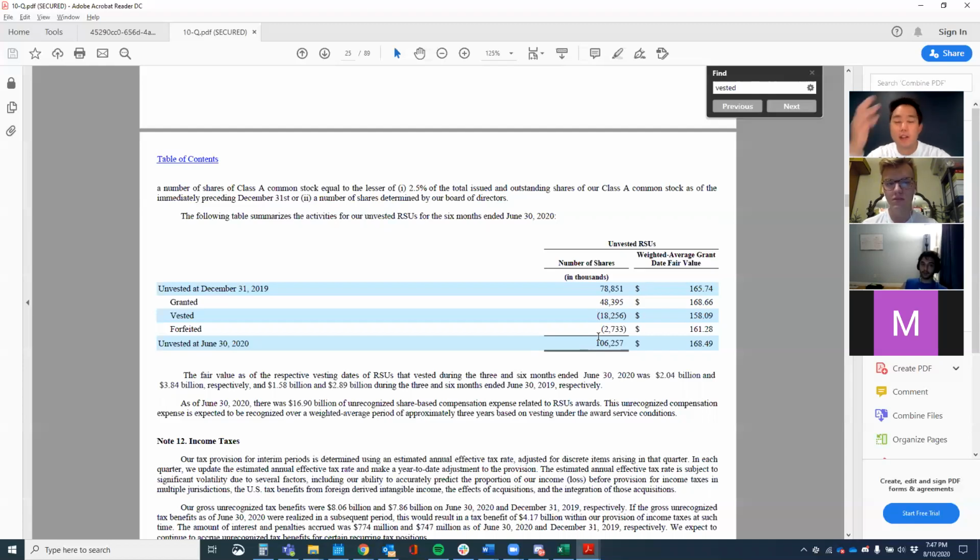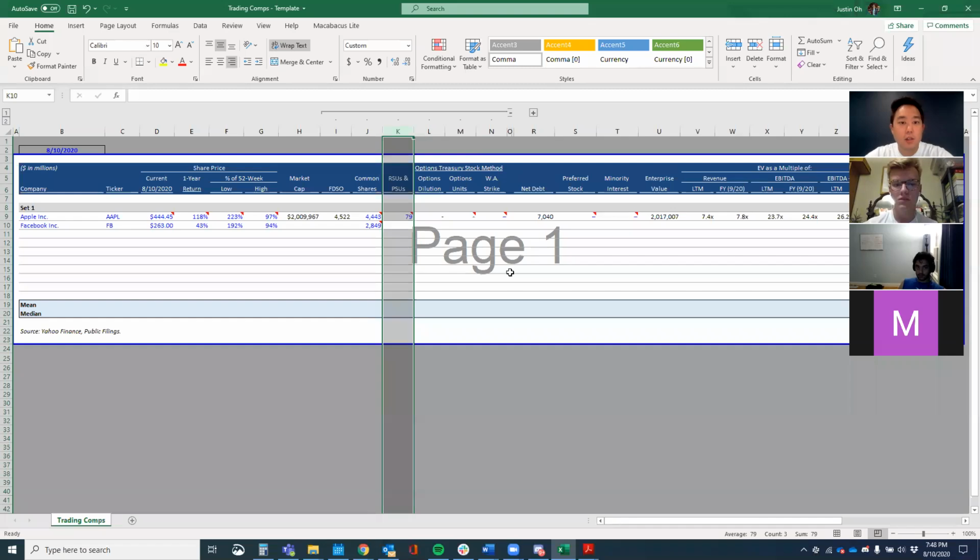So there's no such thing as a vested but unexercised RSU, because once your vesting date comes, they'll just give you those shares. I've never worked at Facebook, so I'm not sure of the mechanics, whether they hold it for you in a Schwab account or give it to you in your Schwab account. I don't really know how that generally works because I've never been given RSUs. I've been given options before.